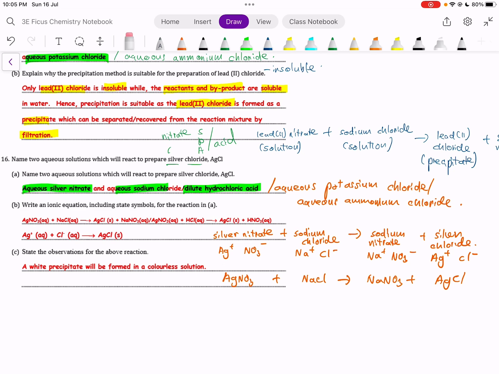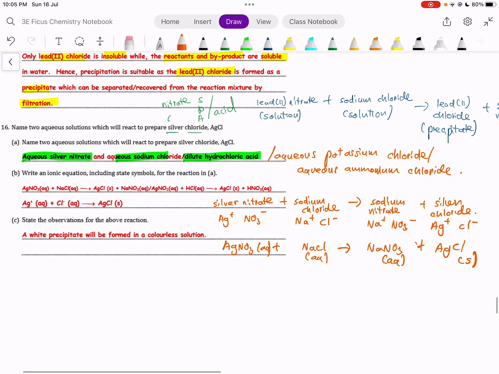So aqueous, because it's nitrate, sodium salt aqueous, sodium salt aqueous, then this one is the solid. Then for the ionic equation, you break this, this one leave it.